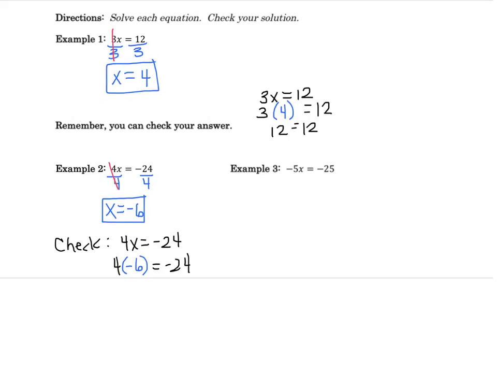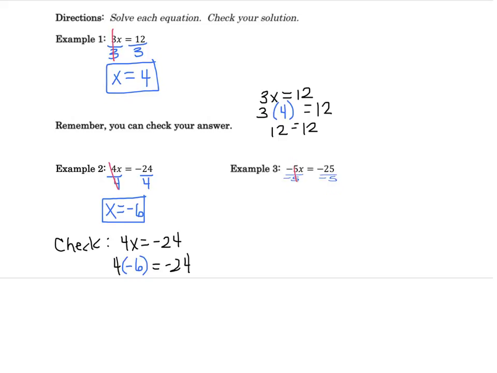Negative 5x equals negative 25. First, you want to identify what operation you're using. So we are multiplying, and we're going to undo it by division. So you're going to divide both sides by negative 5 because you always want to get the variable by itself. The negative 5's are going to cancel because negative 5 over negative 5 gives us 1.